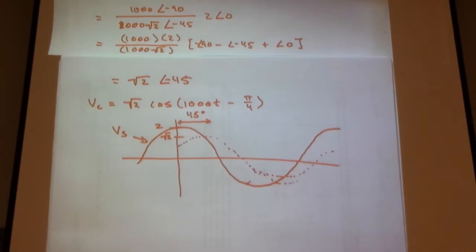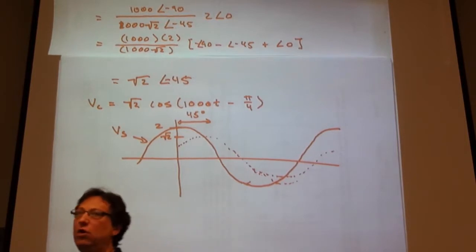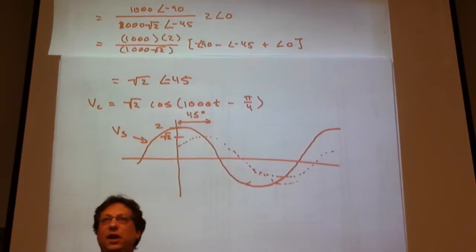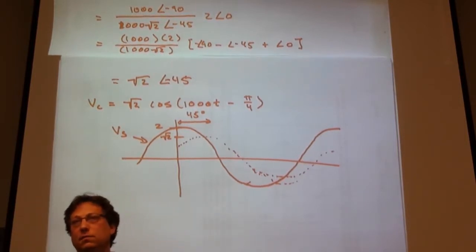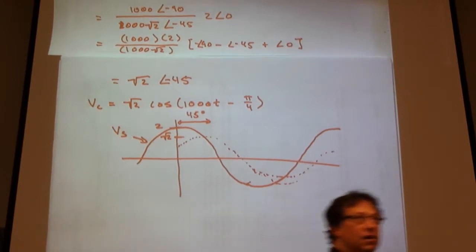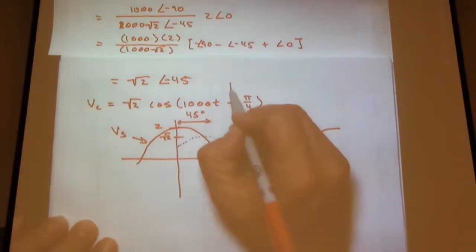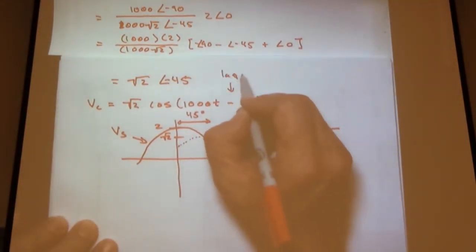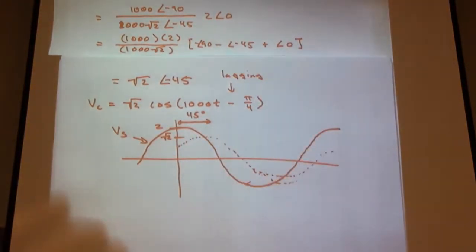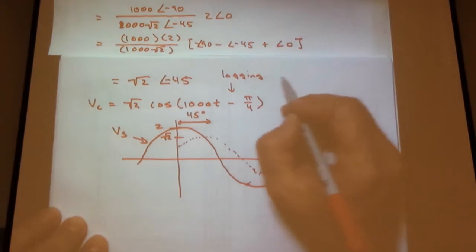And arguably, one of the things we can observe here is when does the peak of the capacitor voltage occur relative to the peak of the source? Well, in time, it's after. So when we have a negative sign, this tends to mean lagging. This is something we'll visit a little bit more thoroughly in Unit 4, but it's a good thing to introduce now.